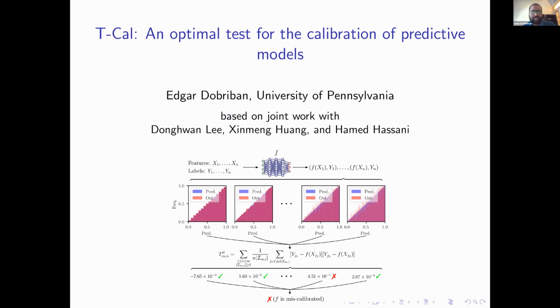And he has recently gotten the NSF Career Award, and congratulations. And he has also gotten the NSF Simons Award, and he has been doing a lot of stuff on overparameterized models. And today he is going to tell us about an optimal test for calibration of predictive models.